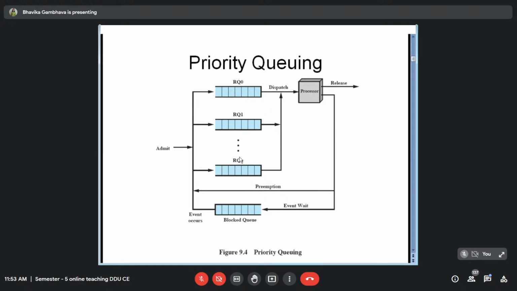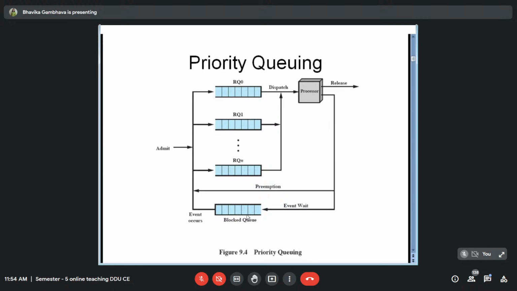Now, last time at the end of the lecture, someone asked whether we can have just one ready queue in the priority scheme. That depends on the implementation. You can visualize your queue as a data structure. So which data structure do you think is better for this scenario? That decision can be taken by the operating system designer.